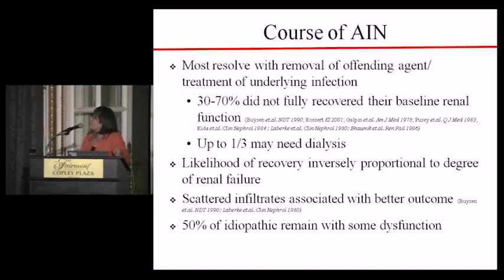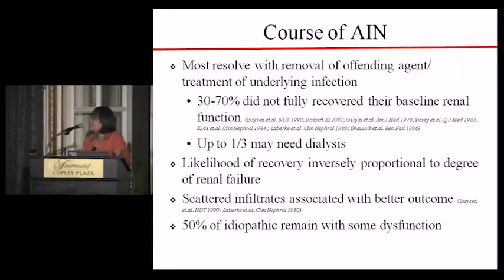All right, let's review a little bit about the cause of AIN. Everybody knows that when we remove the offending agent or treat the underlying condition, AIN usually resolves. However, remember, the likelihood of recovery is inversely proportional to the degree of renal failure.